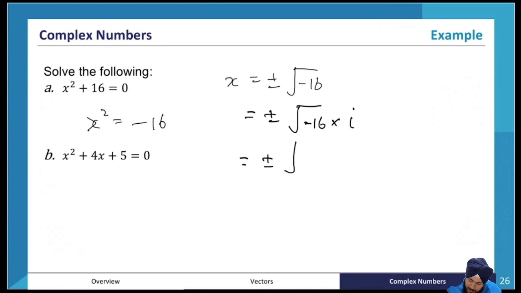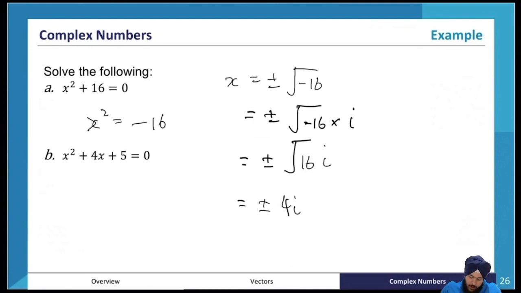Therefore it will just become plus or minus root 16 i, plus or minus 4i. Yep, so that is our answer there, plus or minus 4i.